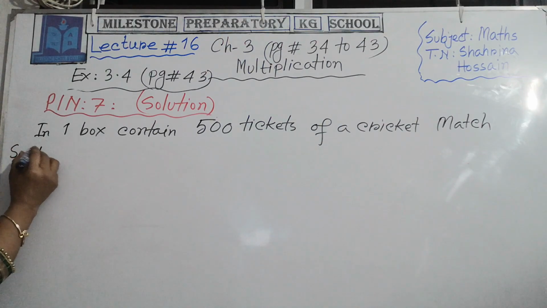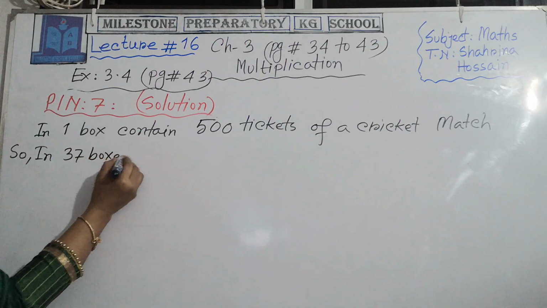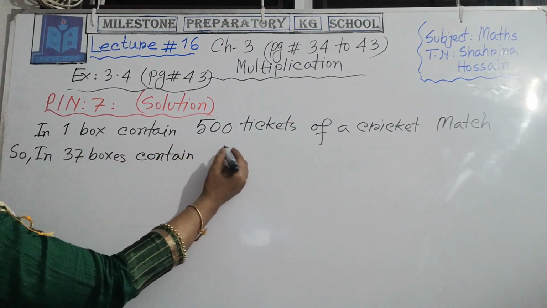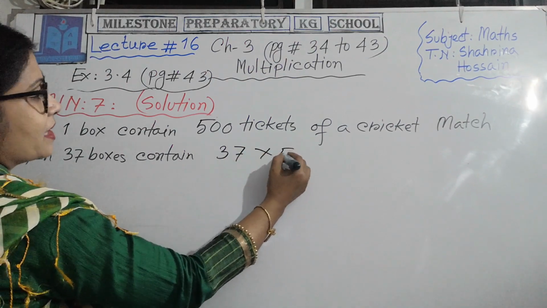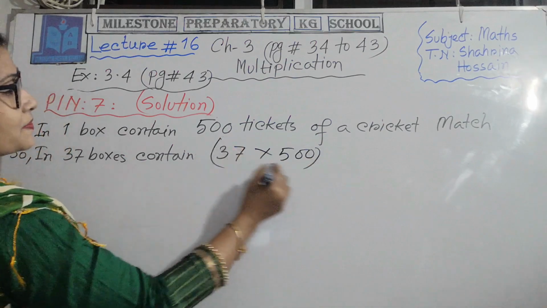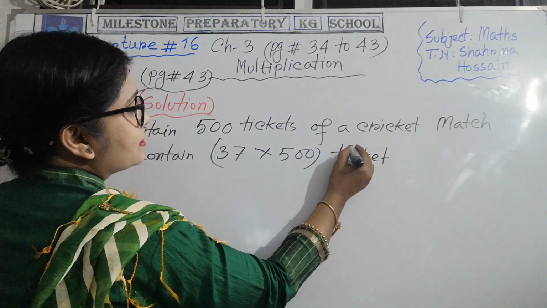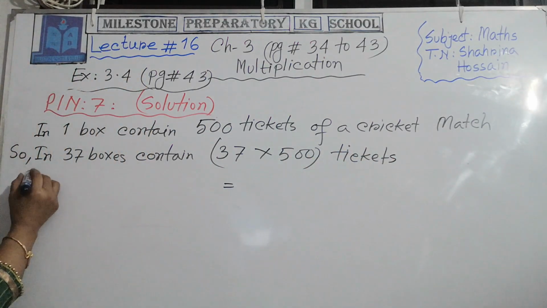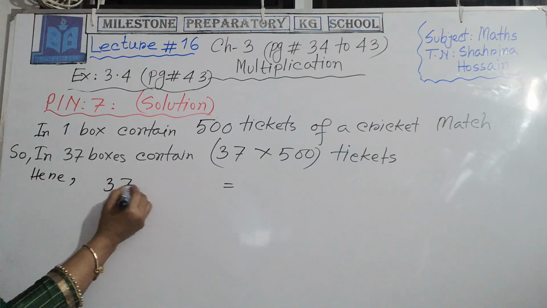So, 37 boxes contain 37 multiplied by 500 tickets. Here 37.